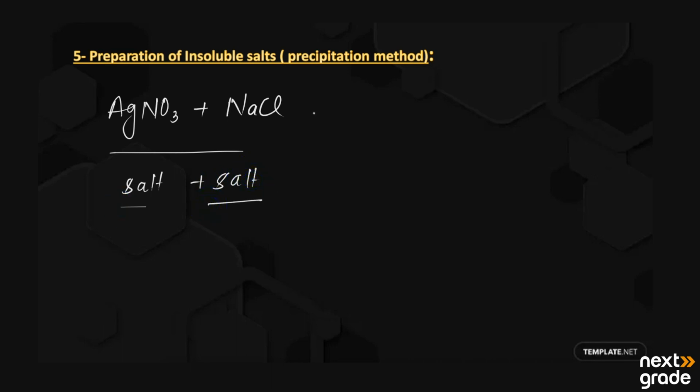So when nitrates react with any salt, this is the reaction of salt plus salt. So when a salt reacts with another salt, then we just gain salts like silver chloride plus sodium nitrate. So this is also a salt and salt.